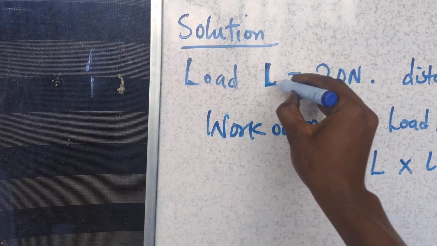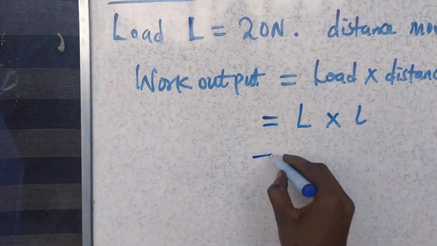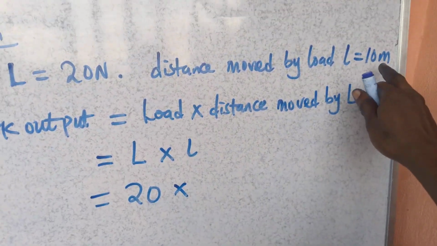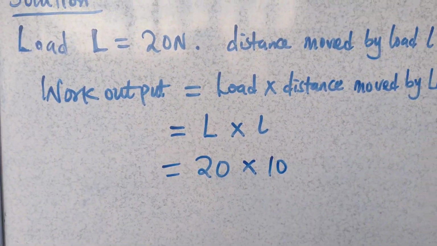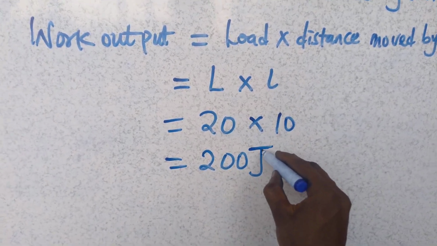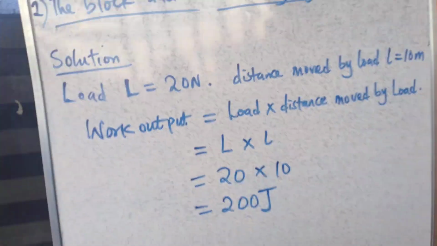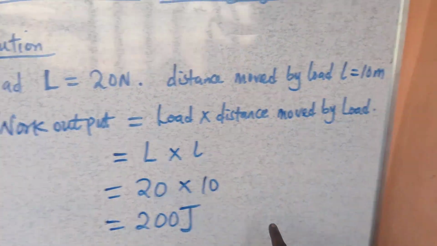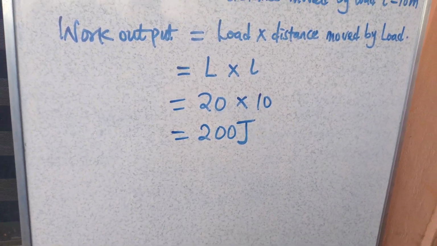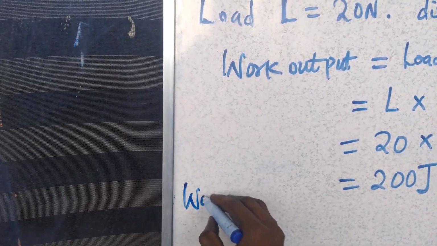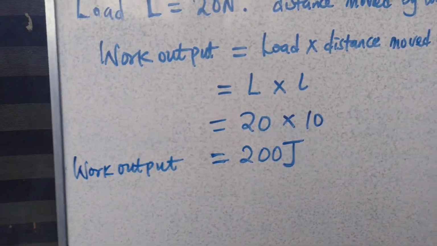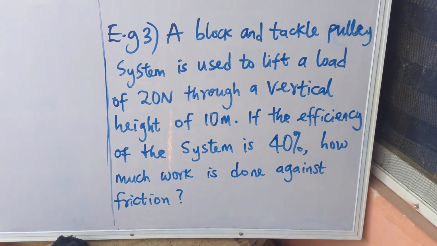Now the load there is 20 Newton times distance moved by load, 10 meters. So this will give me 200 joules. 20 times 10 is 200. That's my work output. My work output is 200 joules.